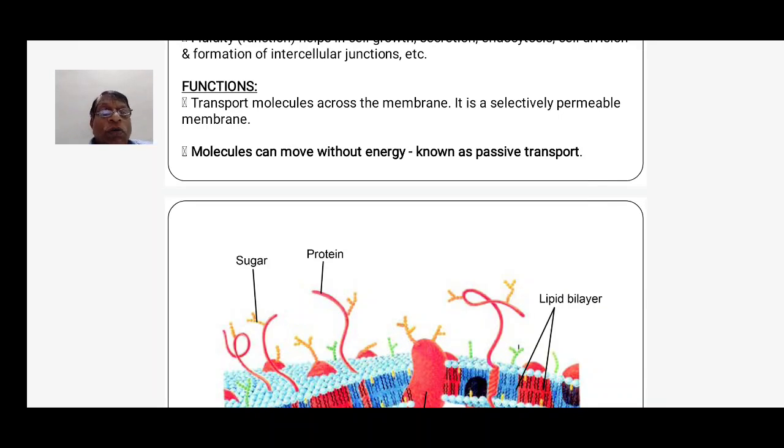The molecules can move from one region to another region without the expenditure of energy. This we call passive transport.